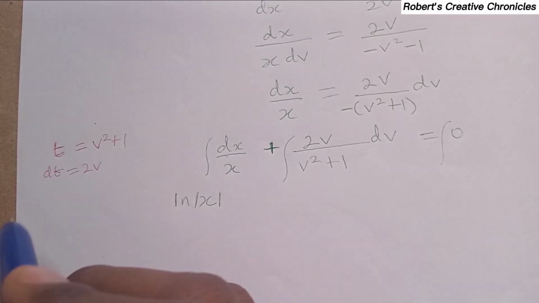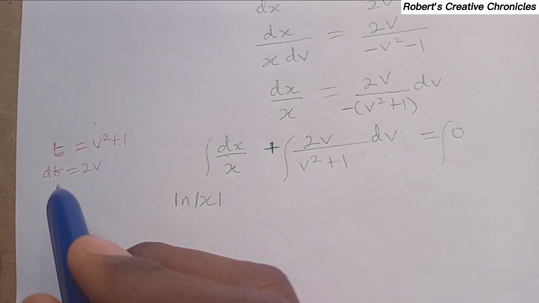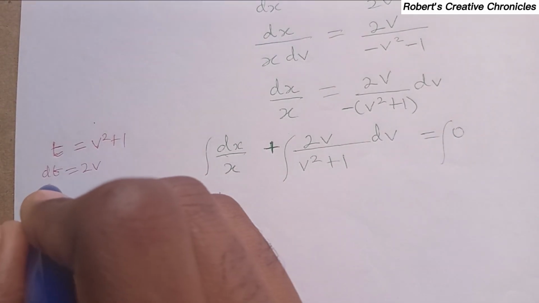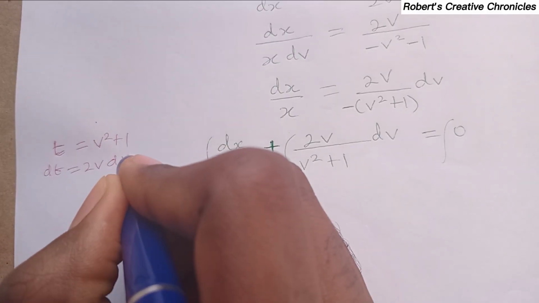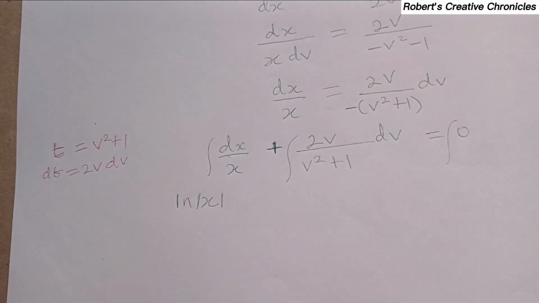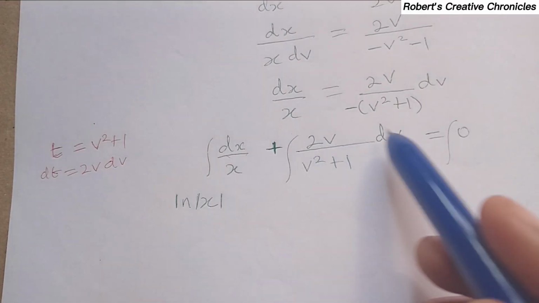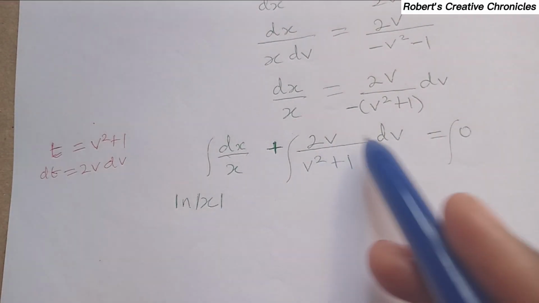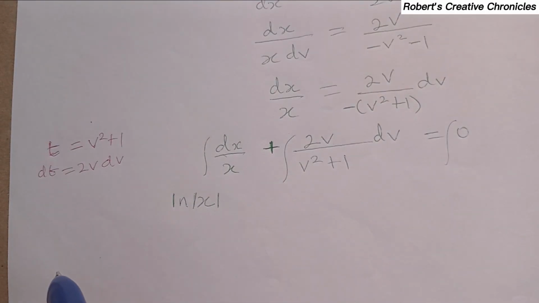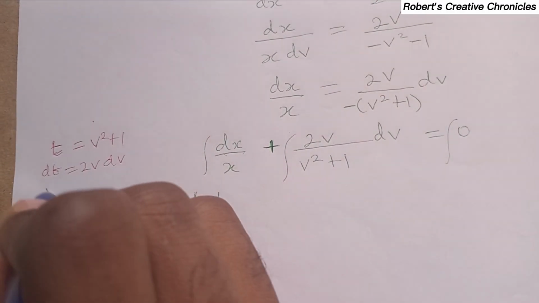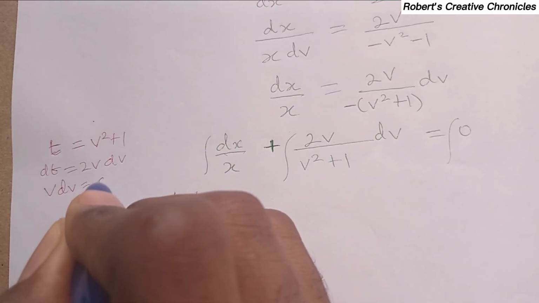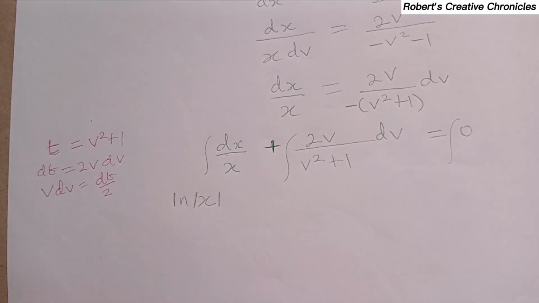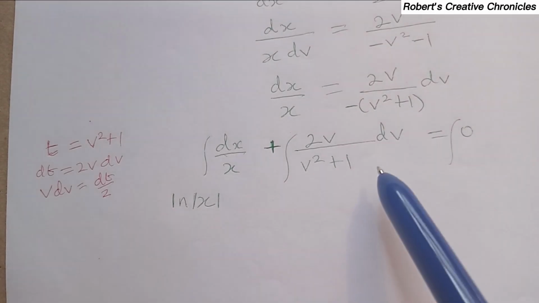Then this is the t over dv, that is the derivative of t with respect to v. So there will be dv divided by dv. So I'll put it here. Then, since v the v is common, we are going to make v the v the subject of the formula. So v the v will be what? The t over 2.